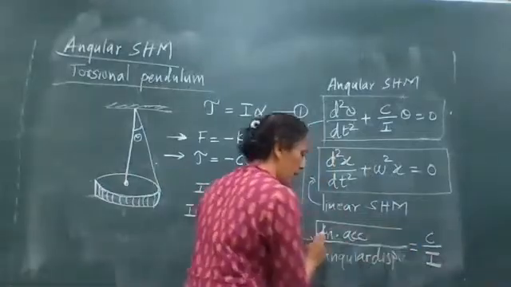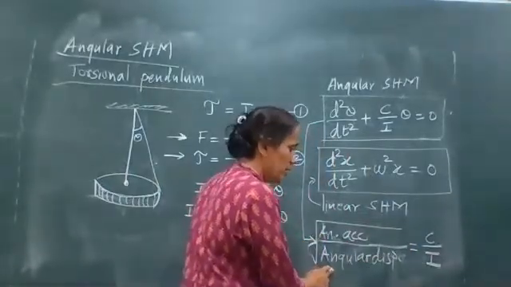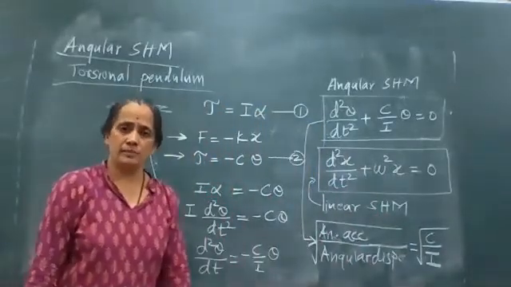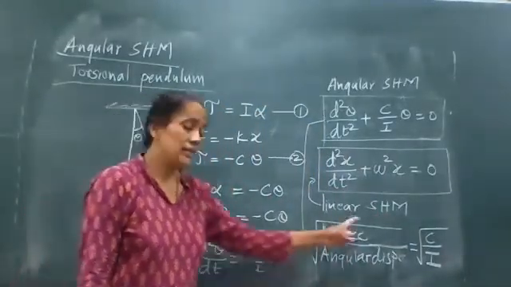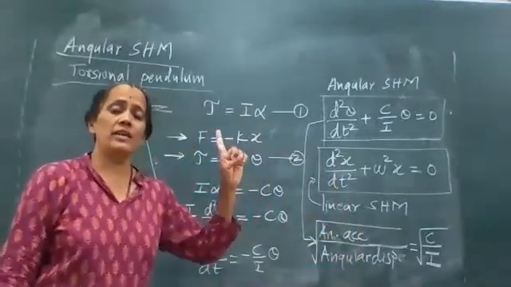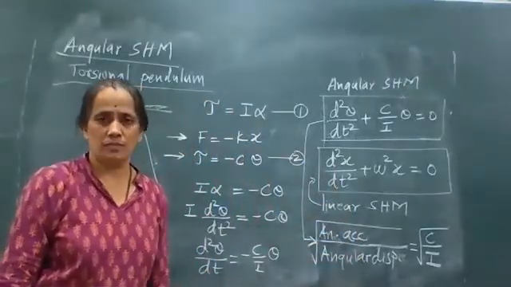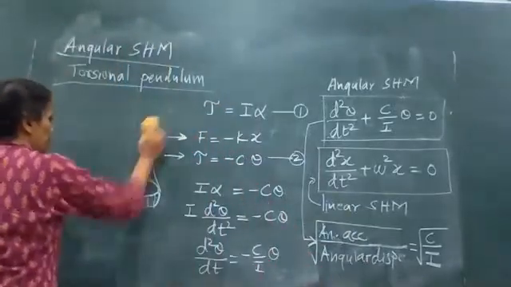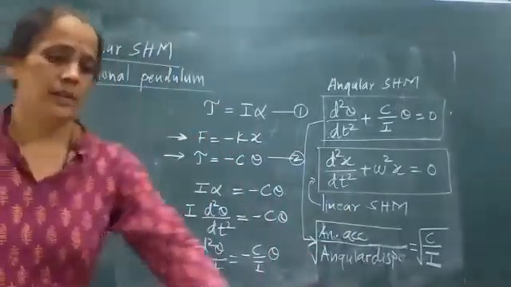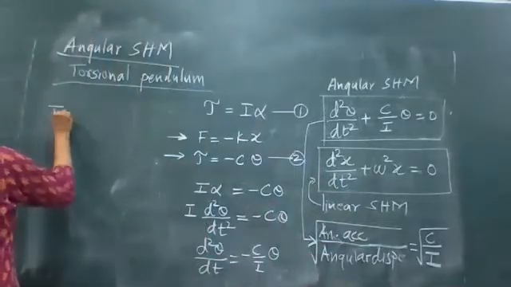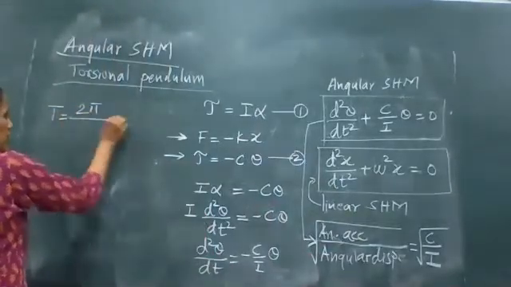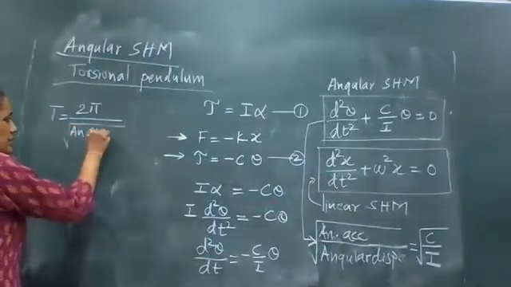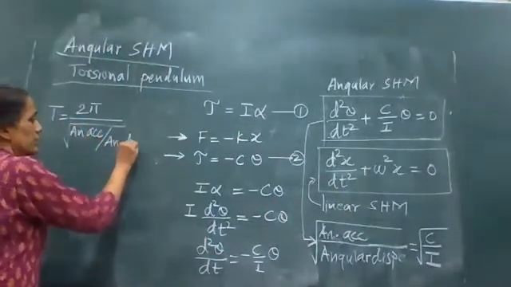So under root of angular acceleration per unit angular displacement is equal to under root of c upon I. And now I can use this in the equation for the period of angular oscillation. So the period T is equal to 2 pi divided by under root of angular acceleration per unit angular displacement.